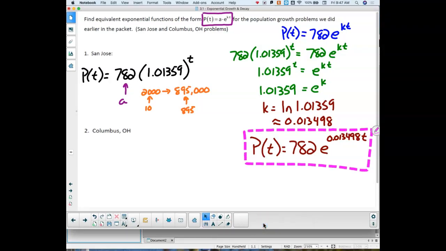With that being said, what I'd like you to do now is find me the Columbus function.